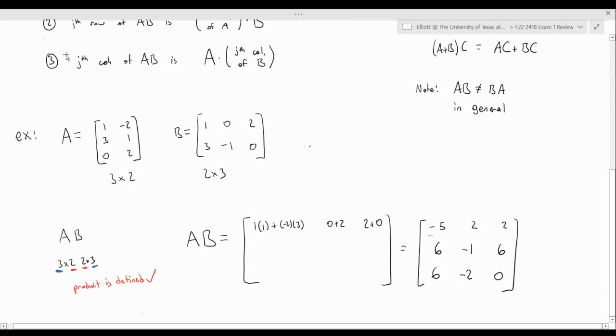Remember that to calculate this first row, we took the first row of A and we had to multiply it to each column of B, doing 3 different dot products. So that's essentially just taking the first row of A and multiplying it to all of B, and that filled out the first row in the product, okay?